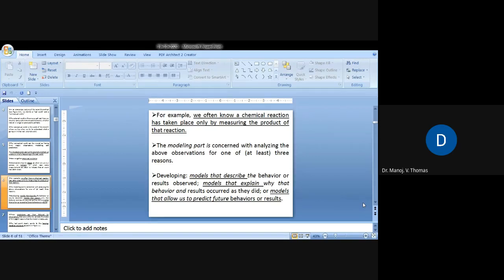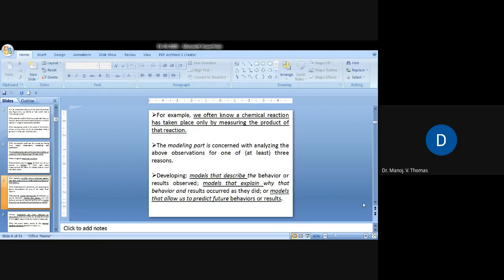The modeling part is concerned with analyzing the observation. So we can build models in three ways: models that describe the behavior or results observed, models that explain why something has happened, and models that predict. So models can show the behavior, the parameter, how something is behaving, and models can be built to explain certain phenomena, how that is actually happening.